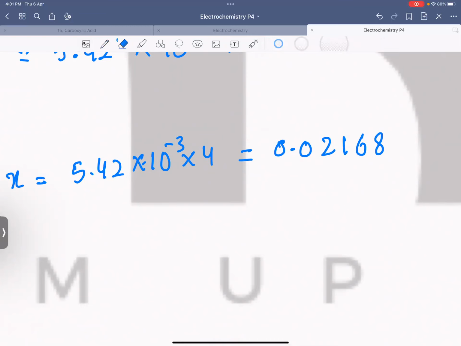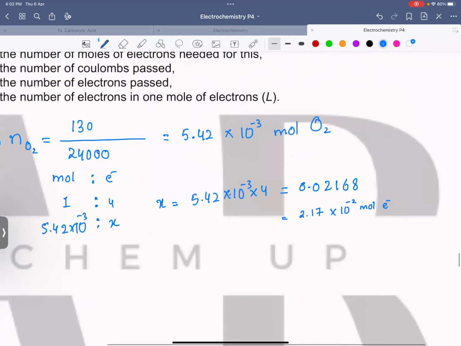So if I turn it into scientific notation, it would be 2.1. And if I now use 3 significant figures, it would be 2.17 exponent minus 2. So these are the moles of electrons. Here they are the moles of oxygen.